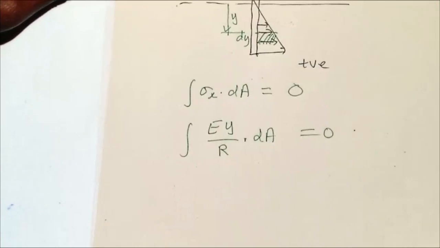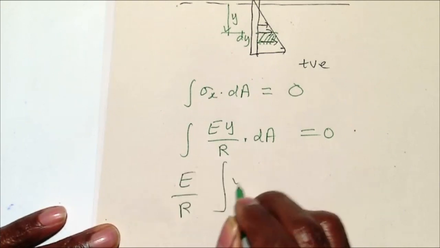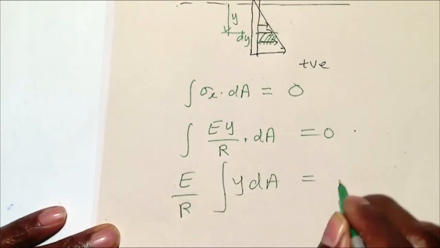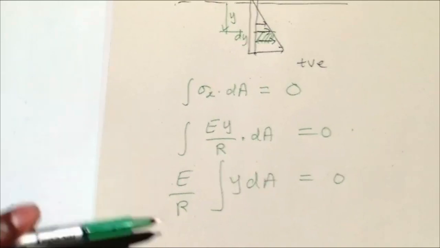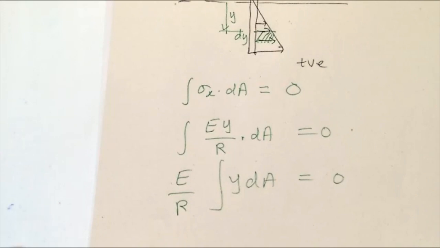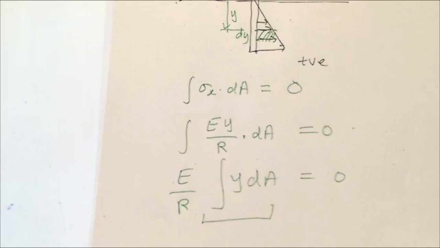It goes from being positive to negative value. If we were to do that, we can now say that E over R, integral of y dA equals 0. If modulus does not change, and that does not change, the only thing that will have to be 0 is that one. So that will have to be 0 to make sure that we satisfy the concept of equilibrium.